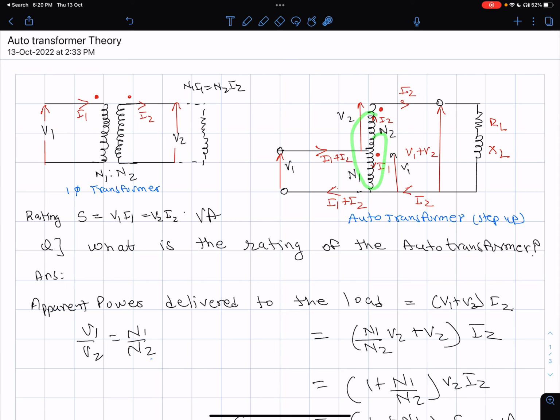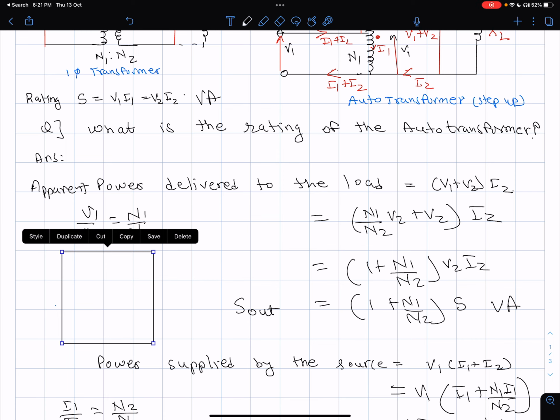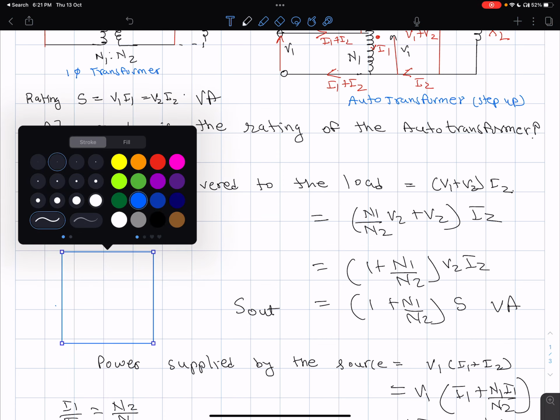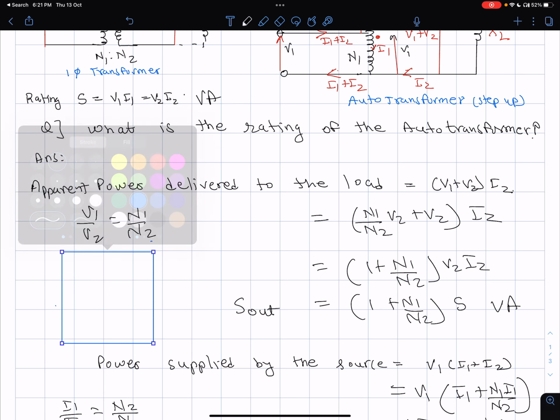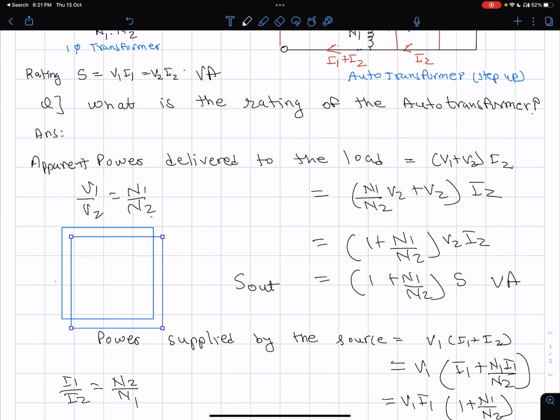leakage impedance of an auto transformer will usually be less, because the two windings will be more closely knit or coupled during the construction of an auto transformer. What I mean to say is that, for example, if I am making an auto transformer, let's say I make this as one winding, then let me duplicate this and make a smaller winding here.